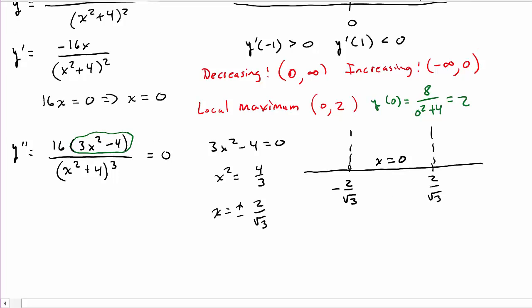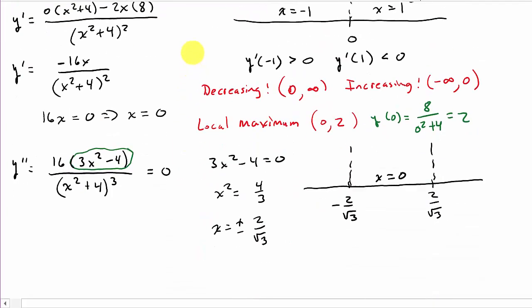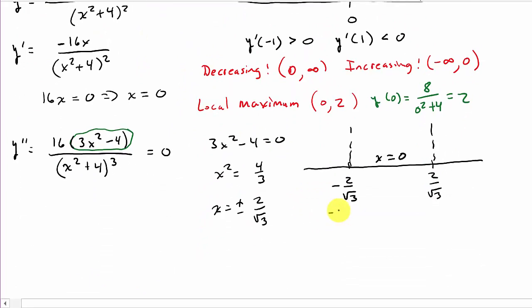That's 1.15. Okay, this is -1.15, and this would be 1.15. All right. So I'll choose x equal -2 and x equal 2. Remember, you just have to pick a number from each region.